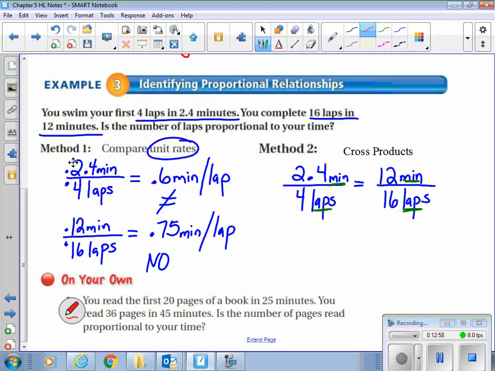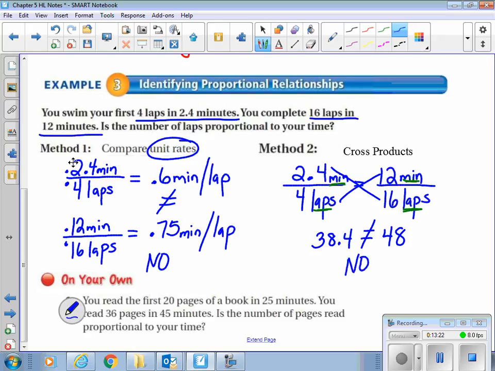Now I'm going to check my cross products, multiplying across. 16 times 2 4/10 gives me 38 4/10. And 4 times 12 gives me 48. And again, I can see that they are not equal to each other. So that would be no for it being proportional.